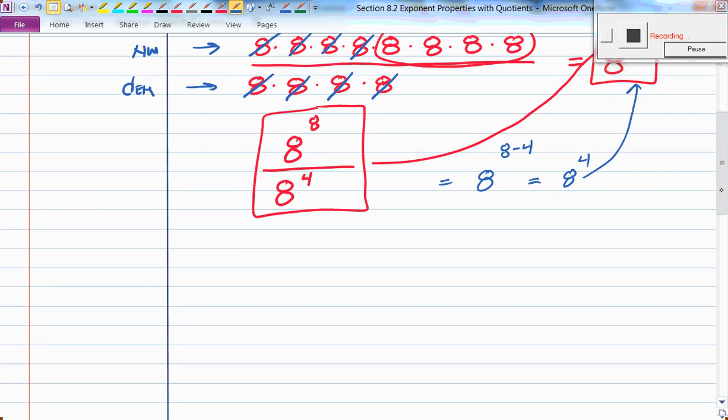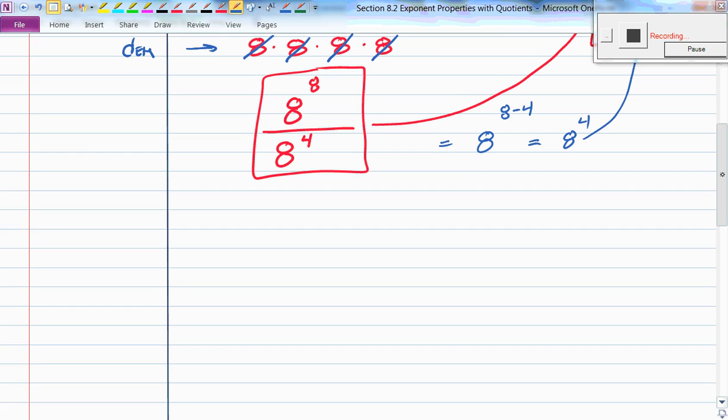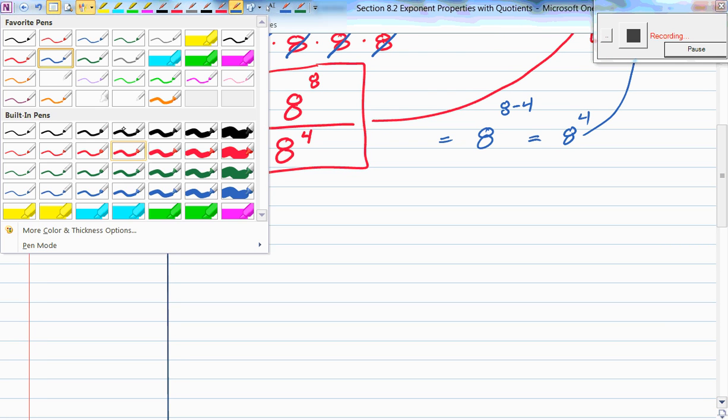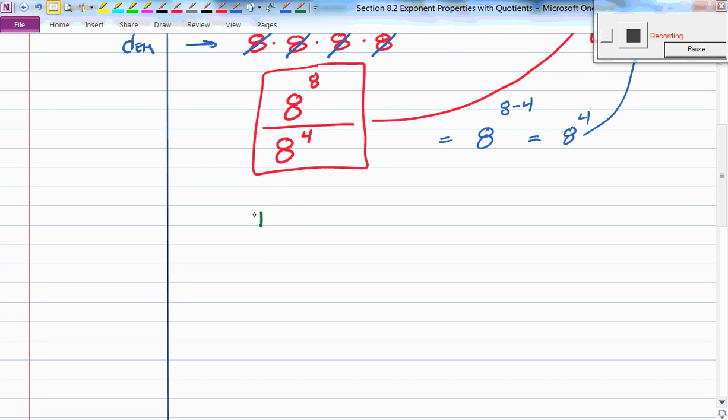So can we talk about the general rule then for this? Okay, same box here. Let's talk about the general rule. All right, here's the rule. It's the quotient of powers rule. So let's write that down. Quotient of powers rule.